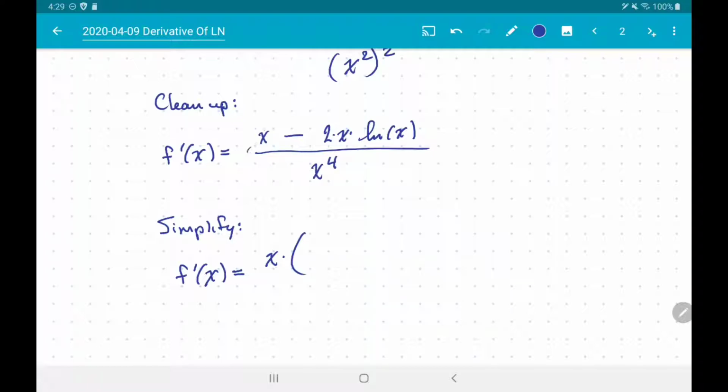From over here, there aren't any other factors, but I still need something here, so it has to be a 1. That way, if I wanted to, I could distribute back out, and the x times 1 would recreate that x. What about over here? I need to bring down the 2 and the ln of x, like that.